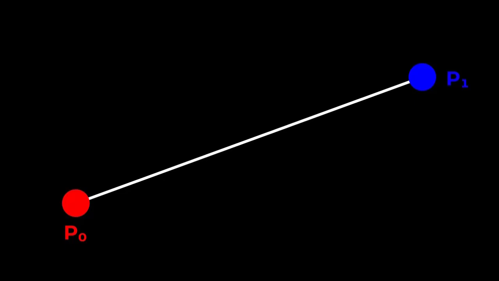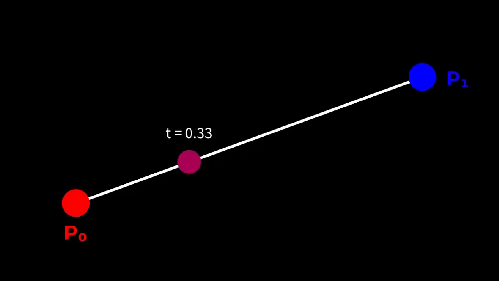So, how do we start our journey into Bezier curves? Imagine 2 points P0 and P1. Now connect them with a straight line. Let's introduce a third point P which lies between P0 and P1. We can control P's position using a weight which we'll call T. When T is 0, P is at P0. When T is 1, P is at P1, and any value in between represents a blend between the 2 points.